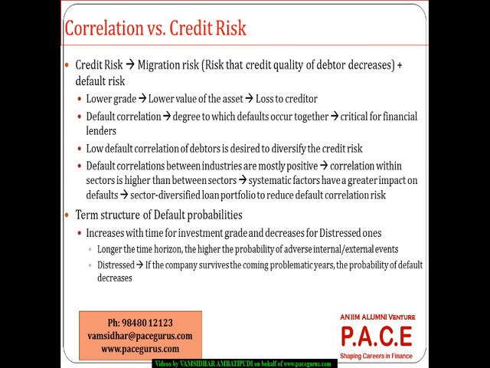Similarly, when we look at credit risk, we bring in either migration risk or default risk. Any lower grade bond, with a C or B credit rating, which is junk bond status, will have a much lesser asset value.